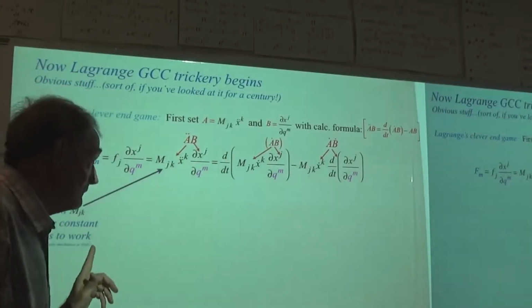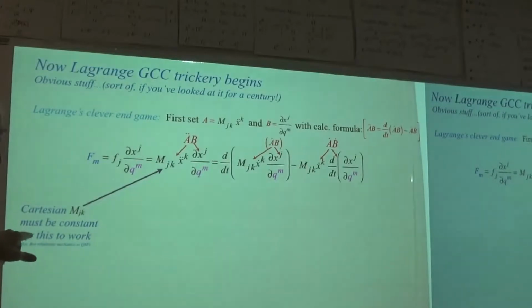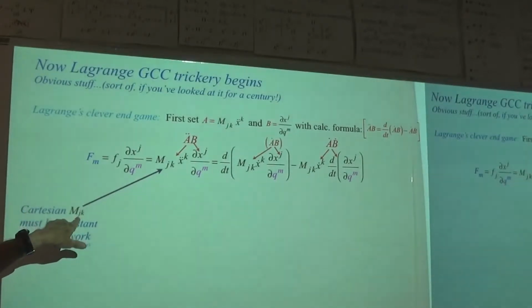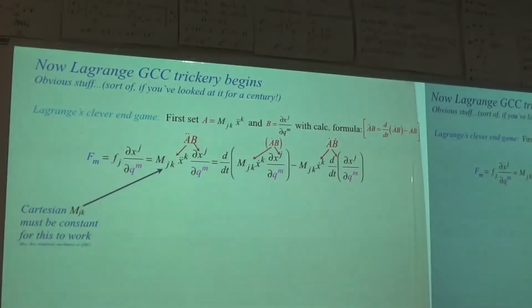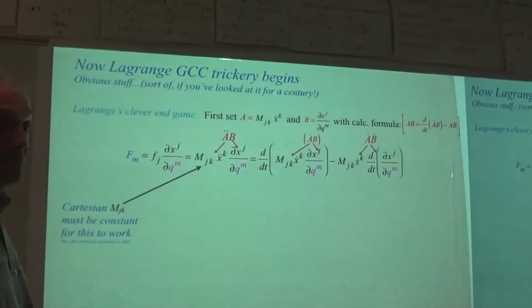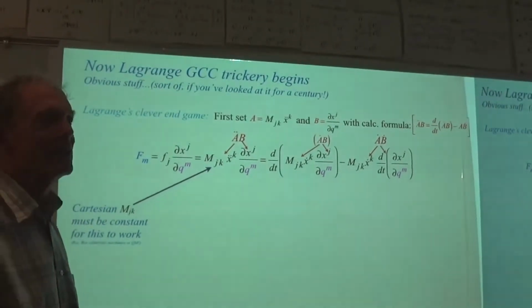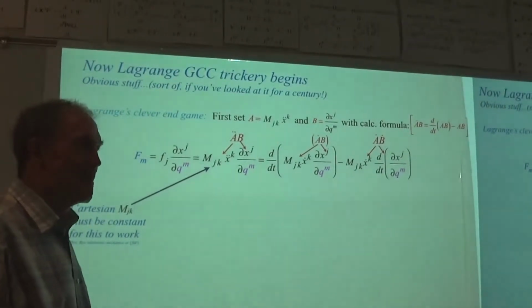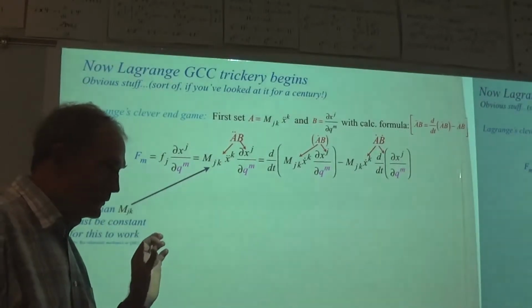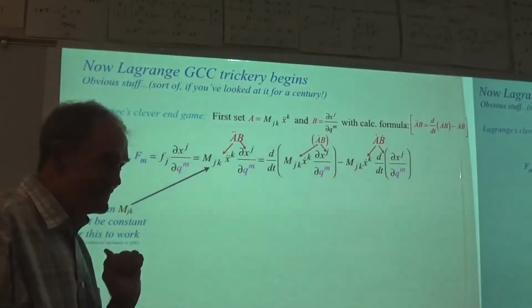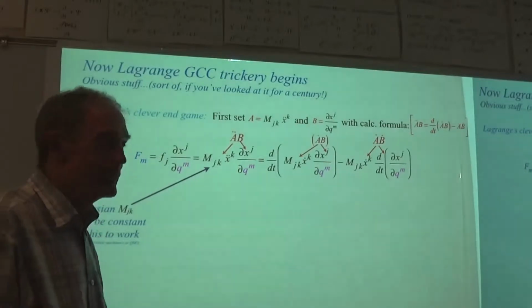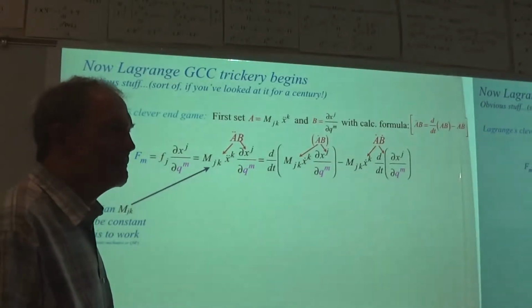Now, here's where the whereas, the fine print, goes. I can't pull these tricks off unless the Cartesian m_jk are constant. The mass can't be getting bigger or smaller. That's a big deal when mass gets bigger and smaller, right? mc squared, a lot of energy.